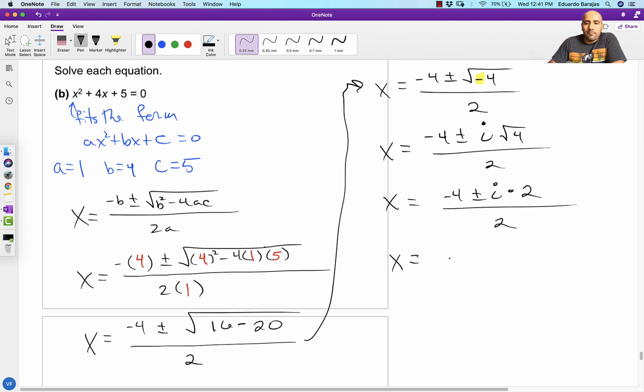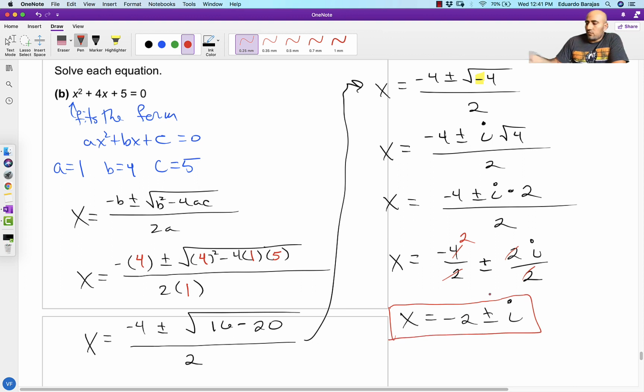And then we can separate this into negative 4 divided by 2 plus or minus 2i divided by 2. The 2's cancel. The 2 goes into 4 2 times. And so we get a final answer of negative 2 plus or minus i. Let's check our work. Does that work? Is that the value that makes that a true statement?